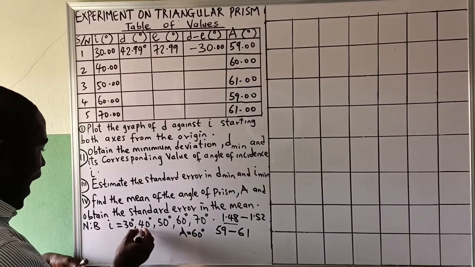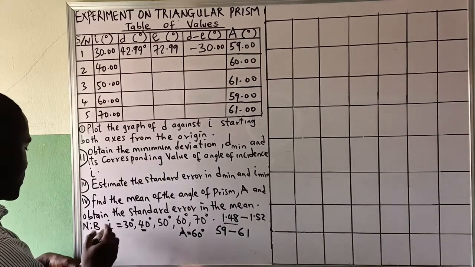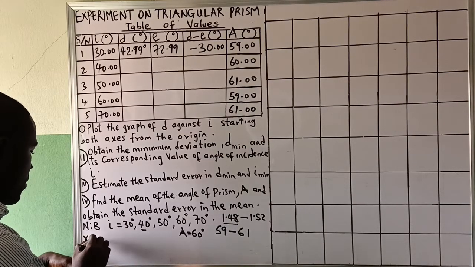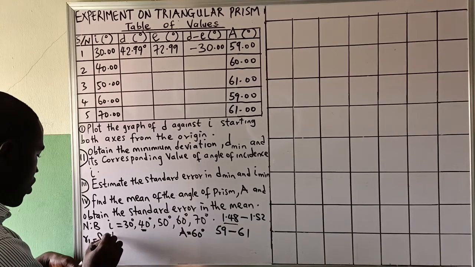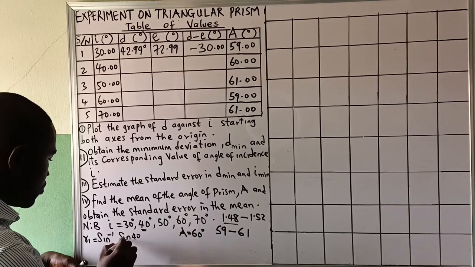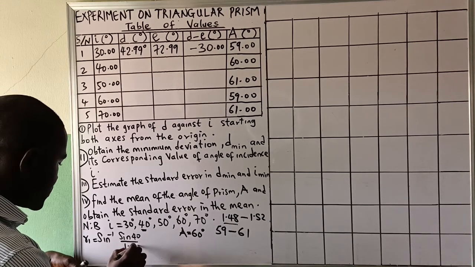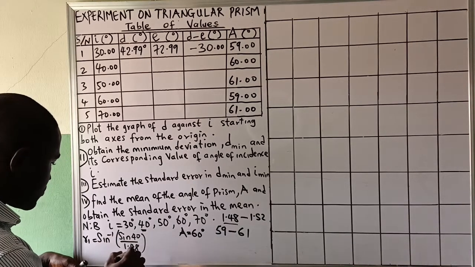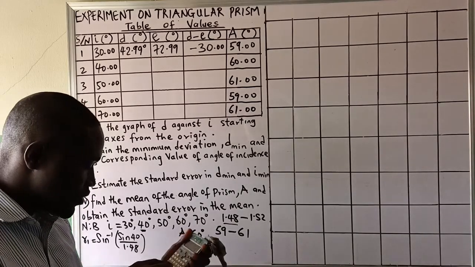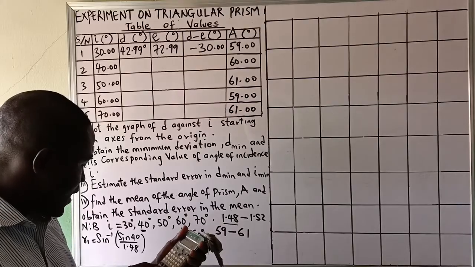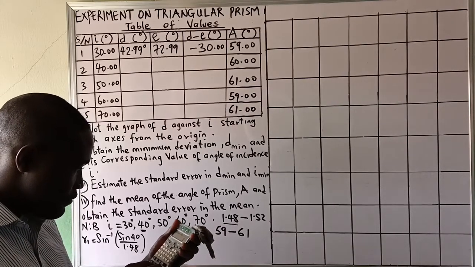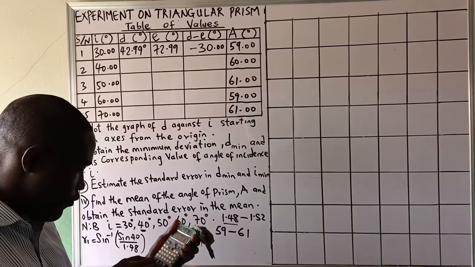We say that when I is 40, our R1 will be equal to sine inverse of what? Sine 40 over 1.48. So what we do is we now say shift sine bracket sine 40 divided by 1.48.